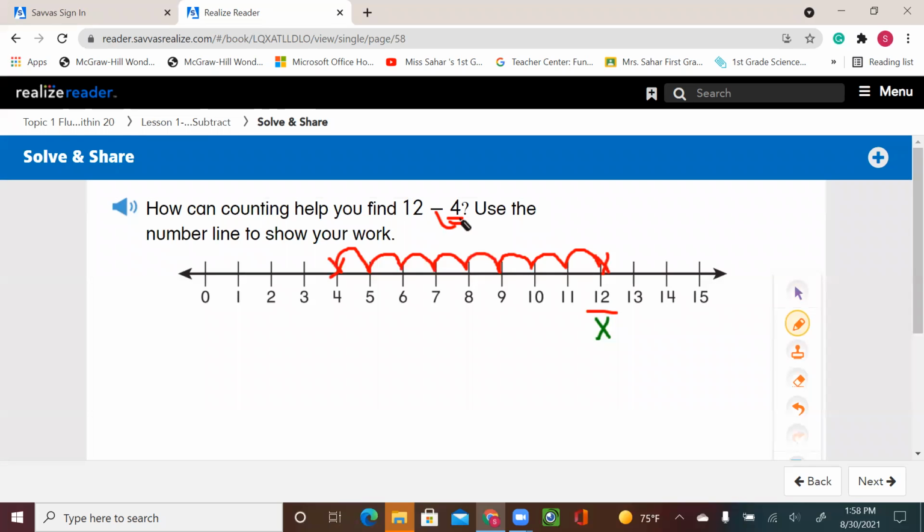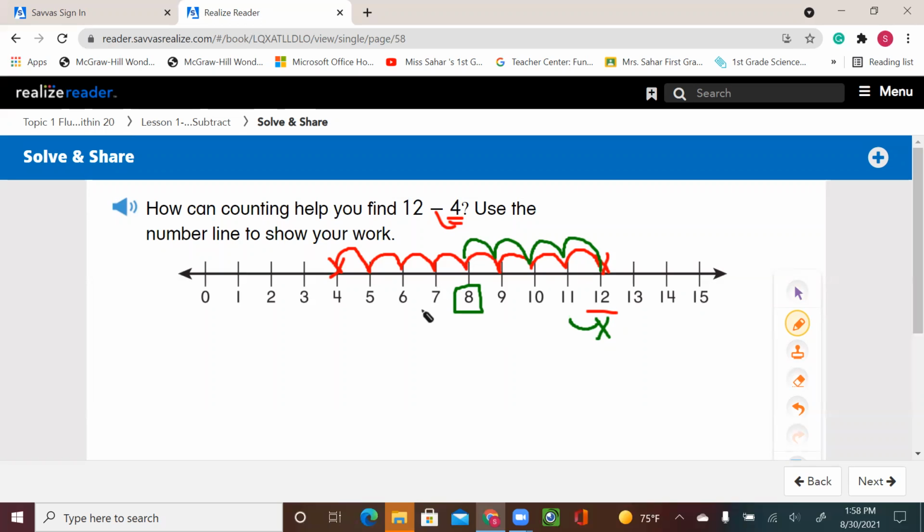How many steps? 4, because my second addend or my smaller number is 4. So I'm gonna start from the 12 and I'm gonna go 4 steps. So this is 1 step I'm gonna use here. This is 1, 2, 3, 4. Where did I land? I landed on 8.